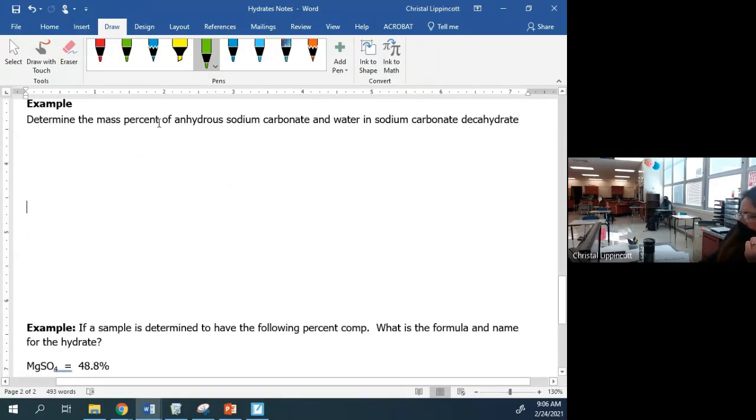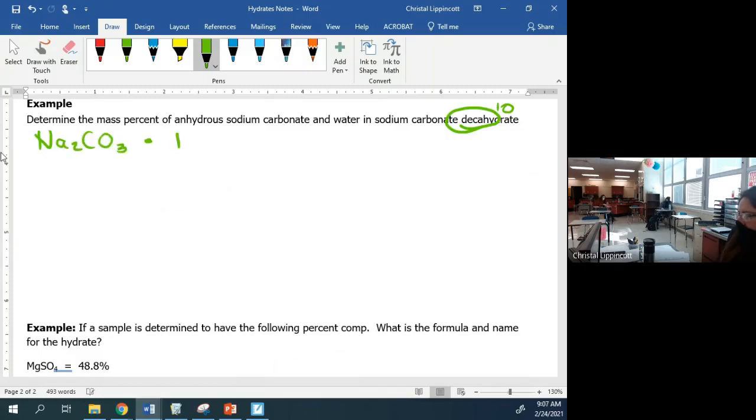Determine the mass percent of anhydrous sodium carbonate in water and sodium carbonate decahydrate. So deca means how many? 10. Okay. So our formula for this would be Na2CO3 dot 10 H2O. Okay.